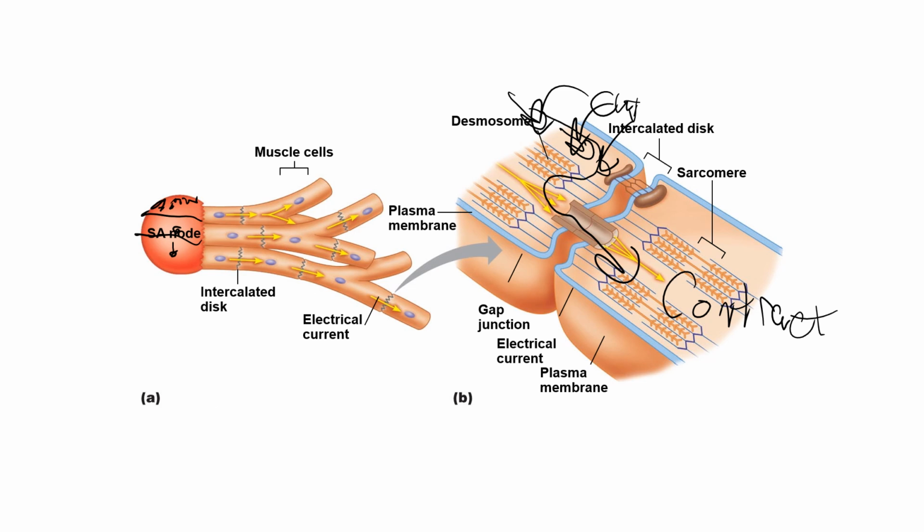And thanks to the intercalated discs, more specifically the gap junctions that make up the intercalated disc, that action potential, that wave of positivity can actually move into or be passed to the contractile fiber that the SA node fiber is attached to. If the SA node fiber generates an action potential, then the contractile fiber will generate an action potential, because the action potential, that wave of positivity, will actually move from the SA node fiber into the contractile fiber and cause the contractile fiber to generate an action potential.